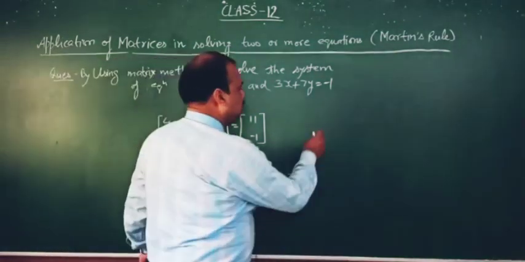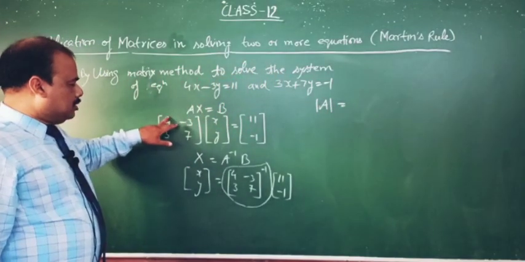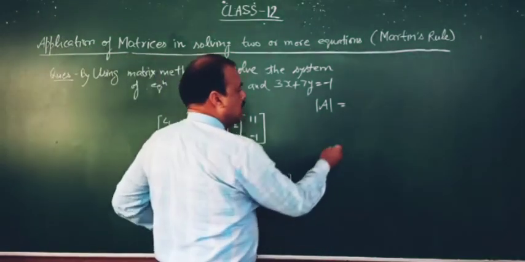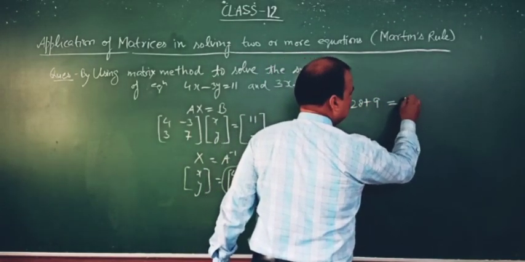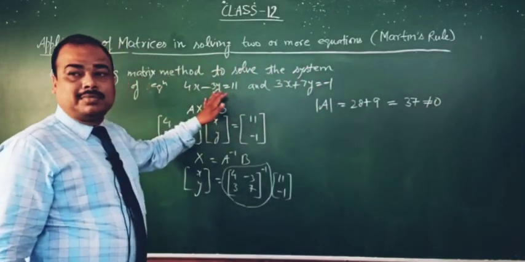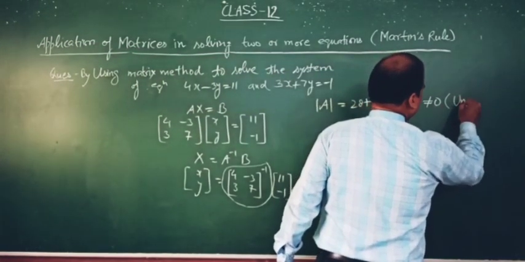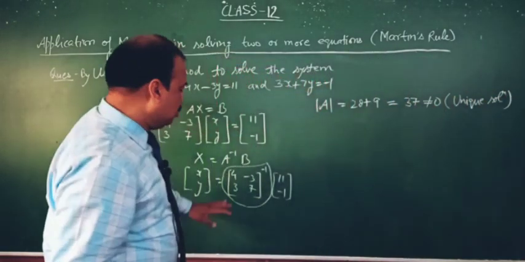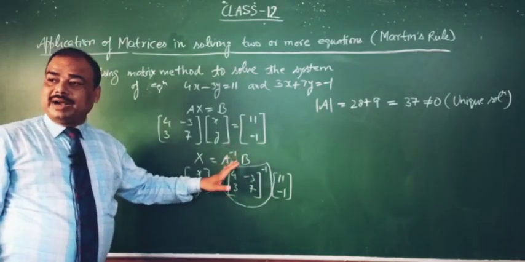So first of all, we have to check the determinant of A. Determinant of A means 4 times 7, 28, and plus 9. The value of the determinant of A equal to 37 is not equal to 0. It means this system has a unique solution. Now, we have to find the inverse of matrix A.